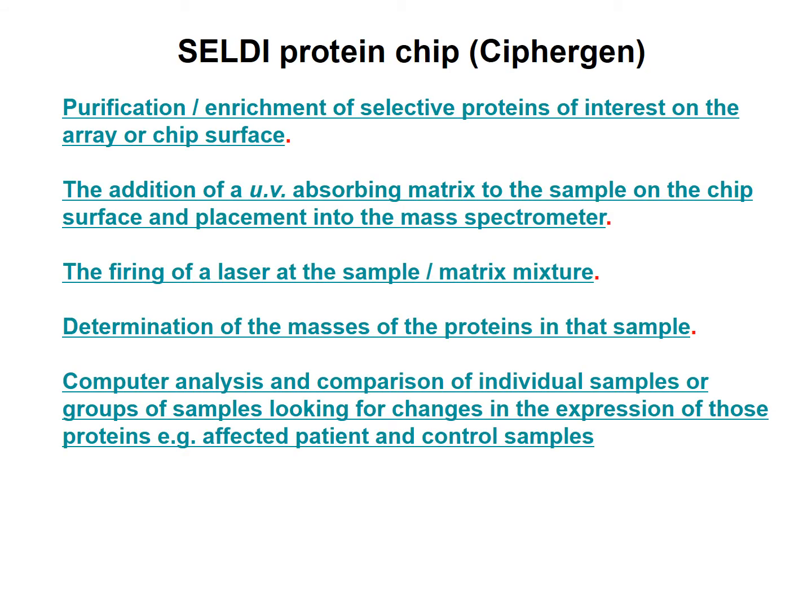A company named Ciphergen developed this probably about 5 years ago. And what they were able to do was to purify and actually enrich certain proteins on the surface of their chip. And so the chip would preferentially bind.